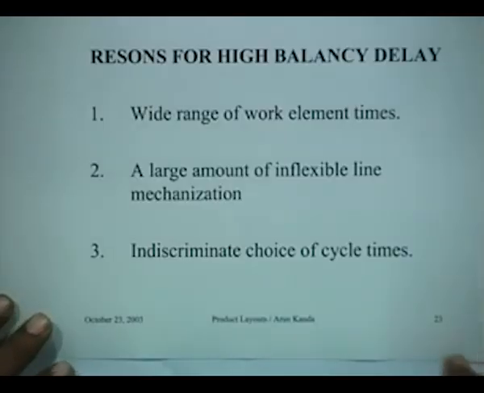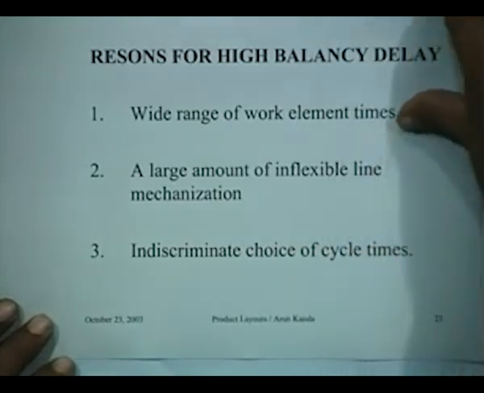So you could attempt to do a line for a cycle time of, let us say, 7, or a cycle time of 10, or a cycle time of 15, or whatever it is. If you do that, then for different cycle times you might get high balance delay. And they are actually some of the reasons why you have high balance delays.